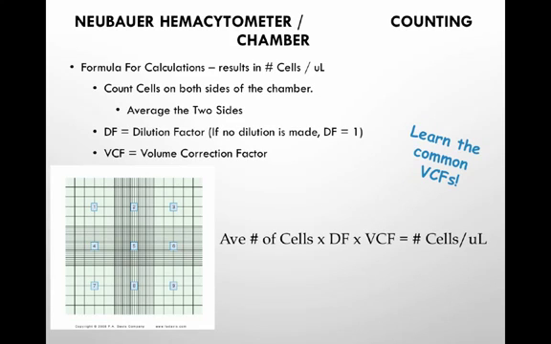So for all 9 squares, we get the volume correction factor by multiplying 1 times 1 times 0.1 times 9. That gives us 0.9 millimeters cubed. And the volume correction factor would be 1 microliter divided by 0.9 microliters, or millimeters cubed. And that would give us the 1.1.